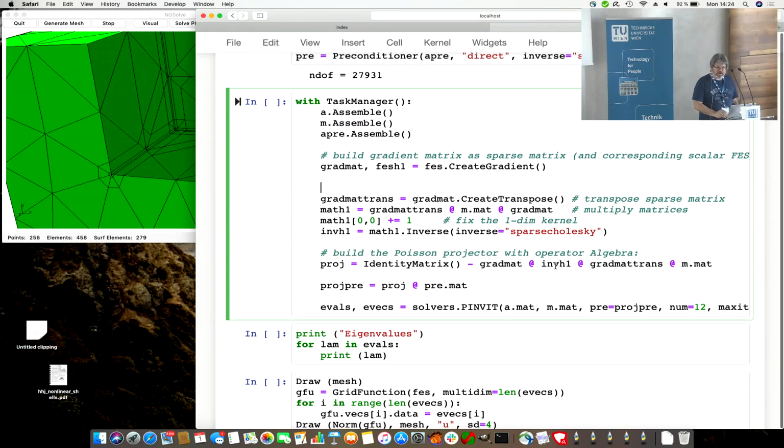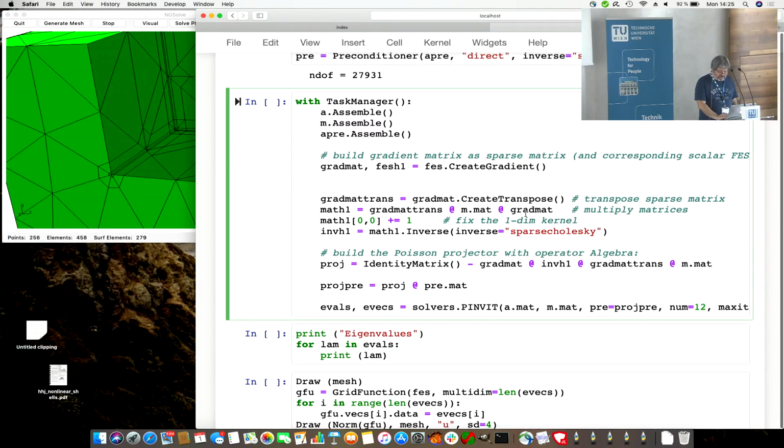So this is an inverse obtained by a sparse Cholesky factorization, so it doesn't really make sense to multiply these matrices together. It just composes the operators. Before we have some other multiplications. Here, the gradient matrix is a sparse matrix. And from this we can create the transpose matrix.